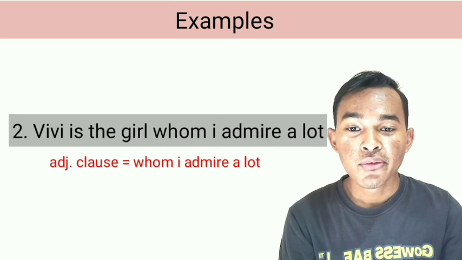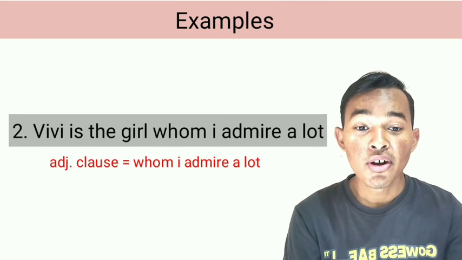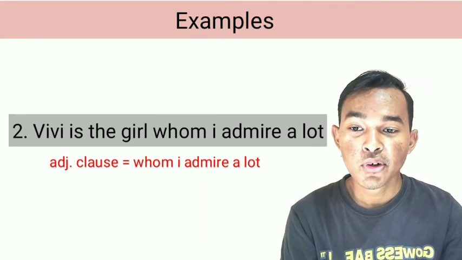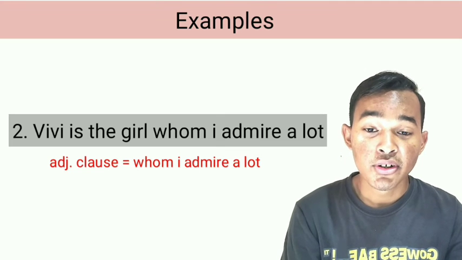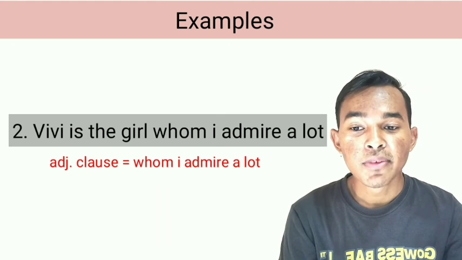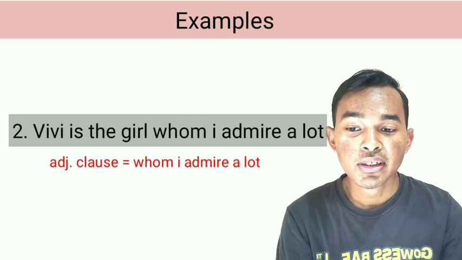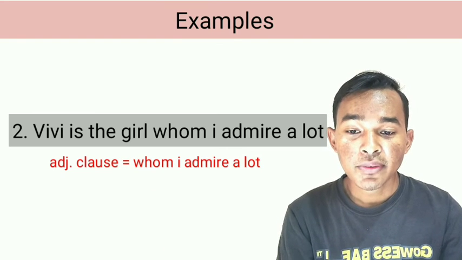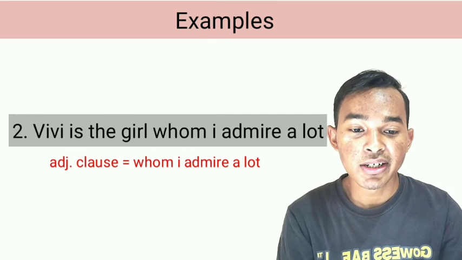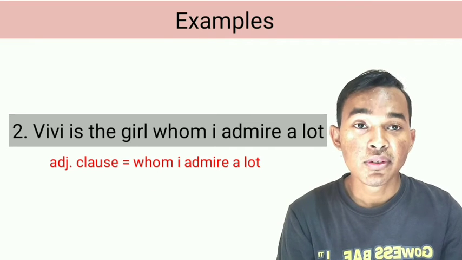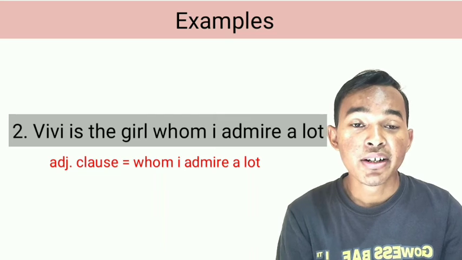I admire whom? The girl. So Vivi is the girl whom I admire a lot. So the adjective clause whom I admire a lot is giving information about the noun girl. Which girl? Whom I admire a lot. Vivi is the girl whom I admire a lot.